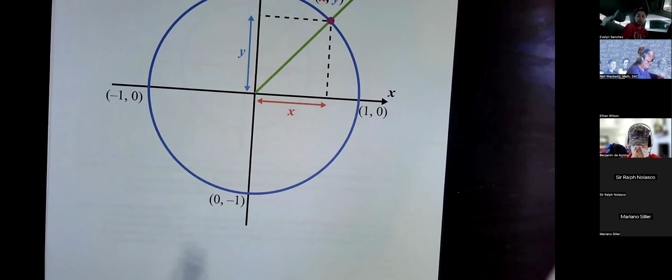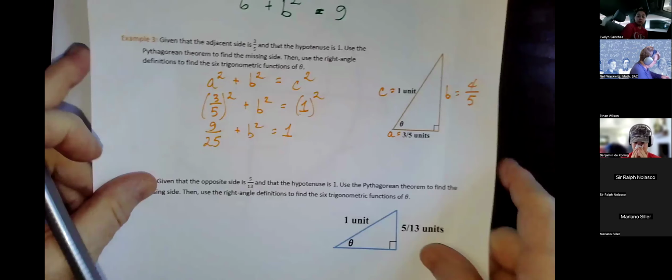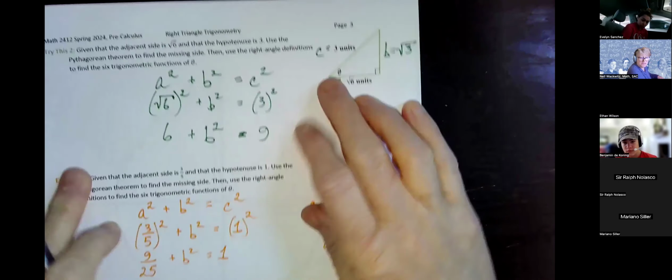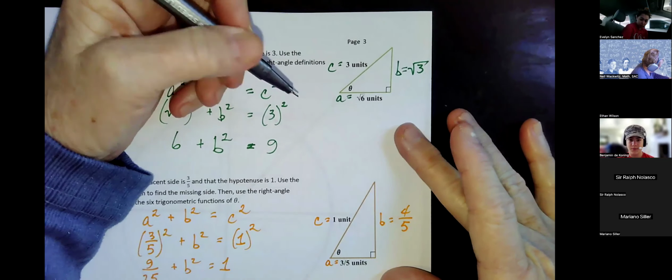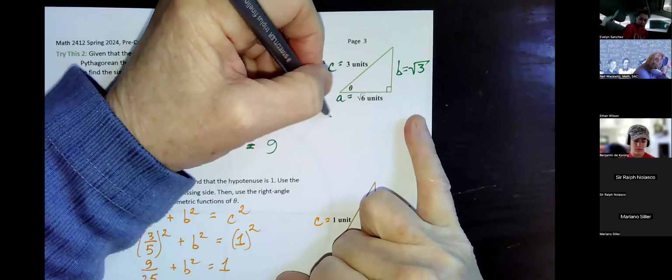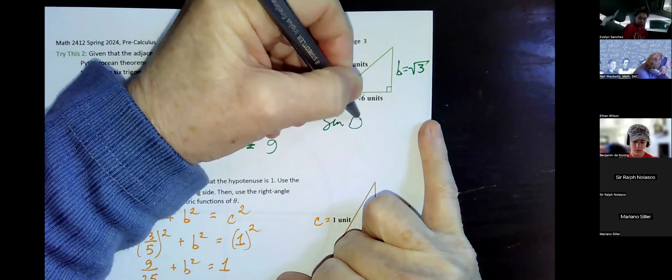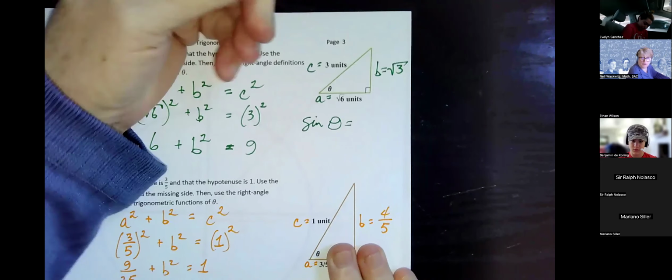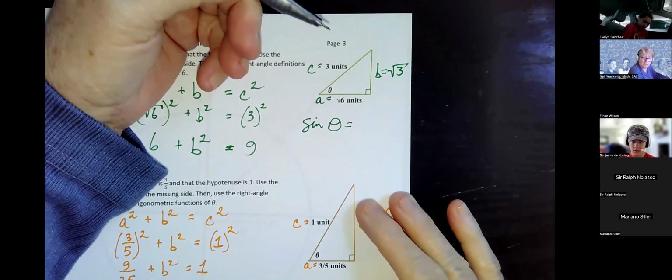So let's find the sine, cosine. Well, let's just first start with the sine of these two angles, these two triangles. If theta is this bottom angle, what was the quotient to find sine?